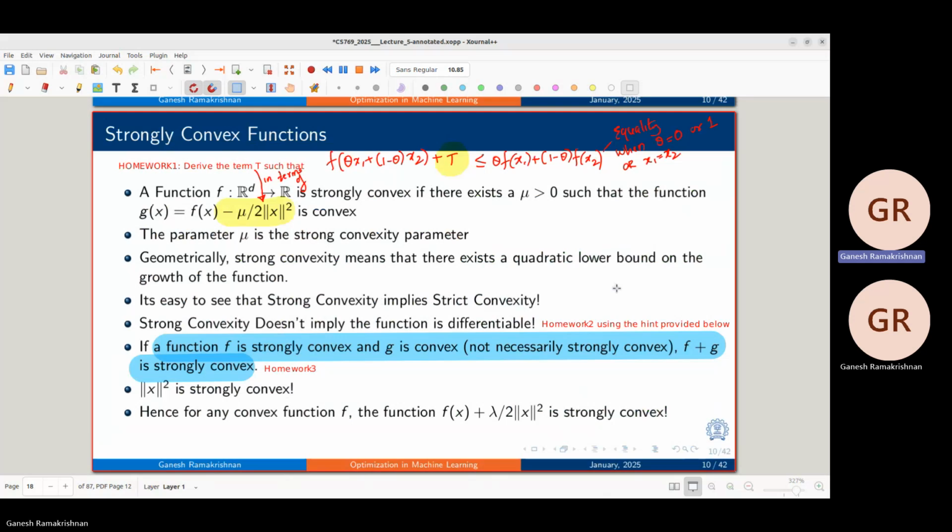What I'm asking you to do is derive T such that f of theta x1 plus 1 minus theta x2, the same term which I wrote for convexity and strict convexity, augmented by this term T, will still be less than or equal to the convex combination of the function values, theta f of x1 plus 1 minus theta f of x2.